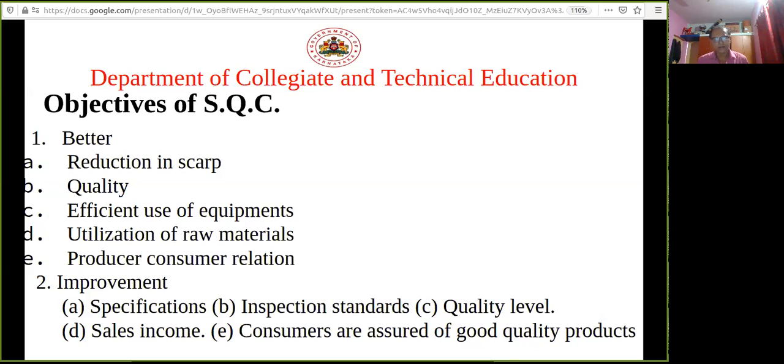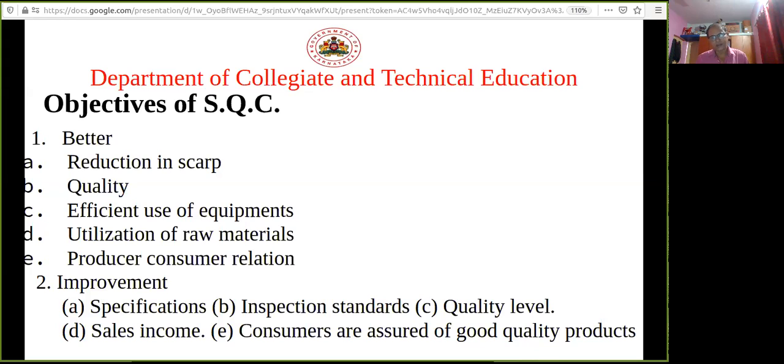He will not select a product from an ordinary company, because he has the guarantee that the top companies are going to manufacture quality. That's the relationship between producers and consumers. Because of the good relationship, naturally the sales income of the product will increase, or we can improve the sales income of the products.